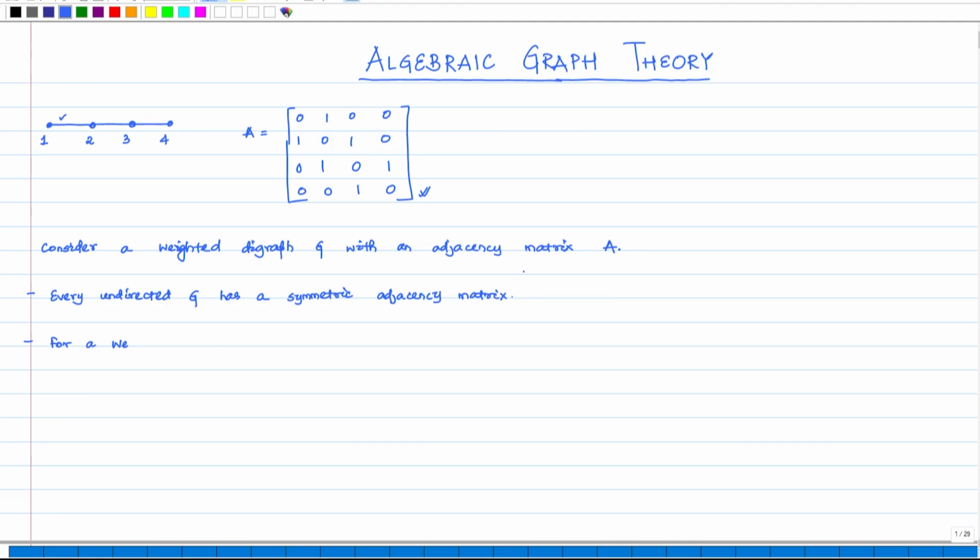For a weight balanced digraph G, the property that always holds is this.